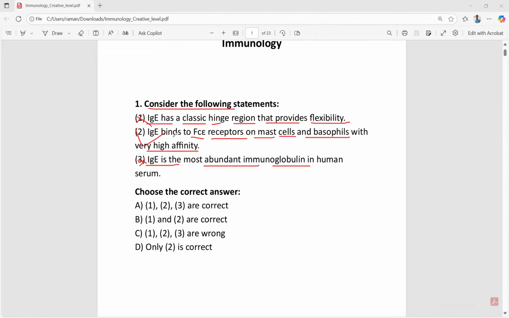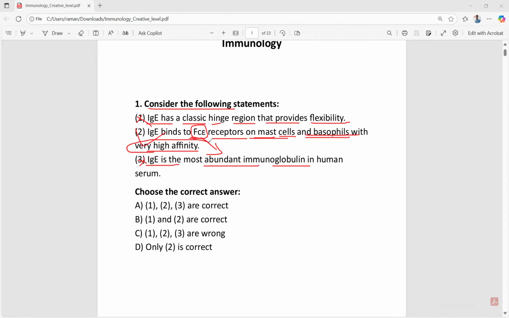IgE binds to the FC region. FC is the fragment of constant region. IgE binds to FC receptors on the mast cells and basophils, and they have high affinity.